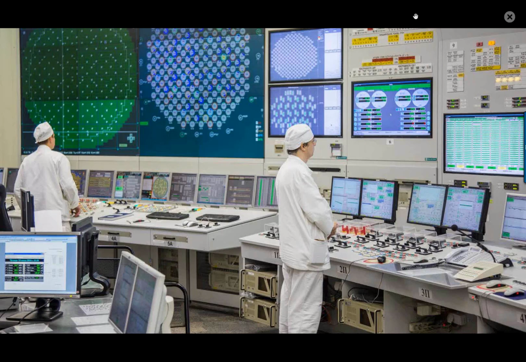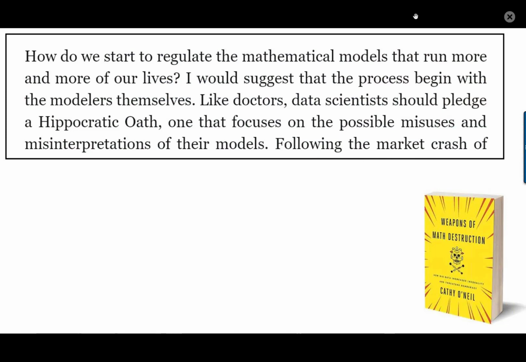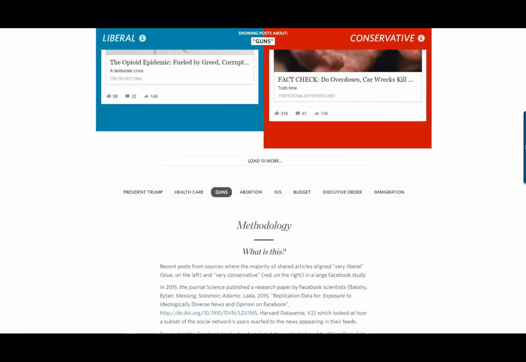And I think because of this, it's important to encourage teaching of ethics in our programs. Weapons of Math Destruction by Cathy O'Neil, who has a PhD in math and is a professor at Columbia University in New York, has suggested that data scientists should pledge a Hippocratic oath of sorts.